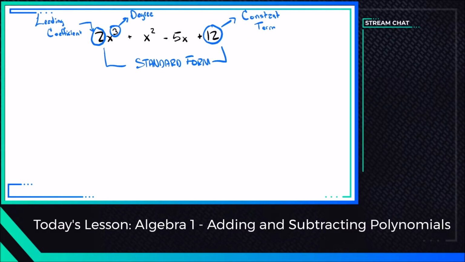So I'm going to give us a polynomial now that's not going to be written in standard form, and our goal is to write 15x minus x cubed plus 3 in standard form.